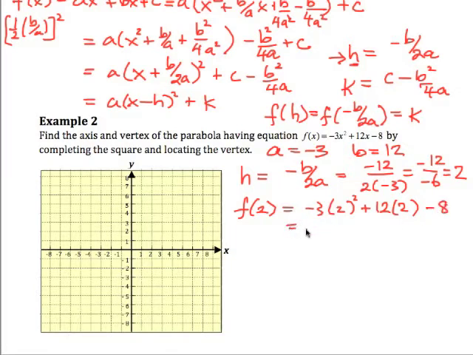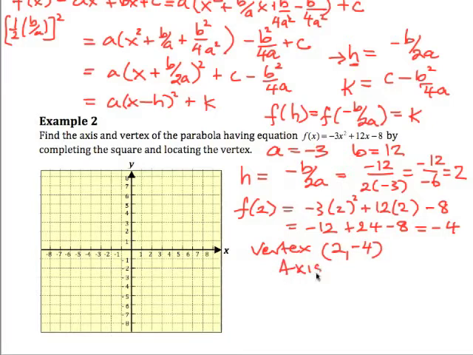So this is going to be negative 12 plus 24 subtract 8, and that'll be 12, so that'll be negative 4. So my vertex is going to be 2, negative 4. And my axis is going to be x is equal to 2.